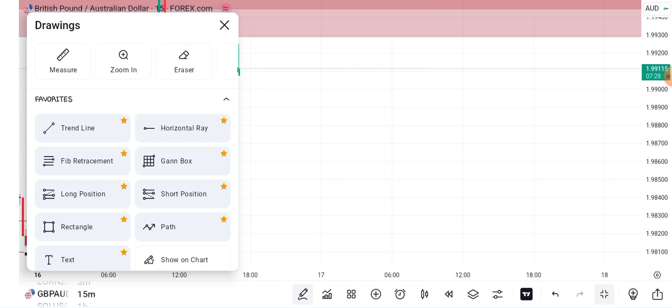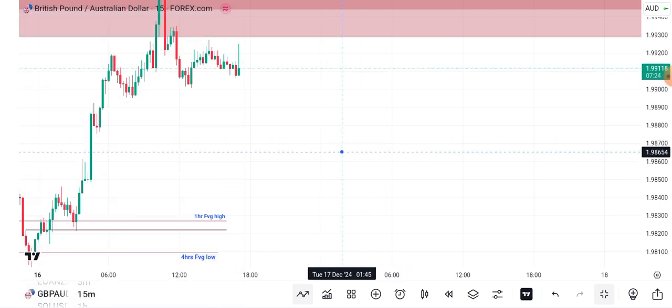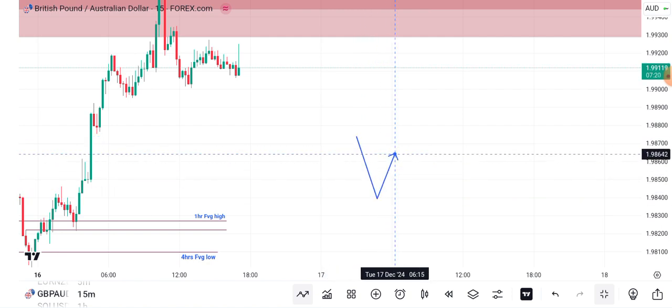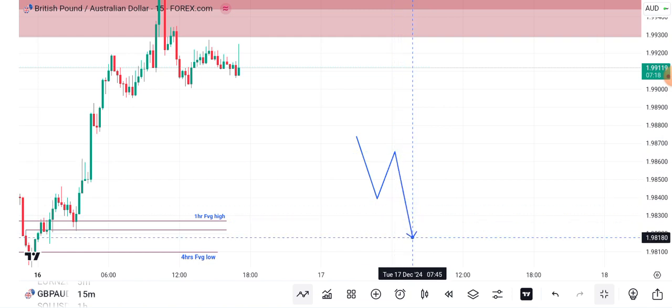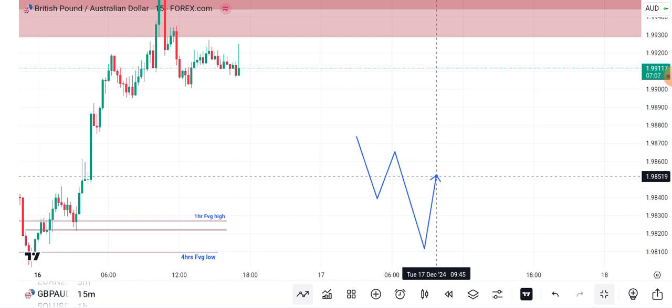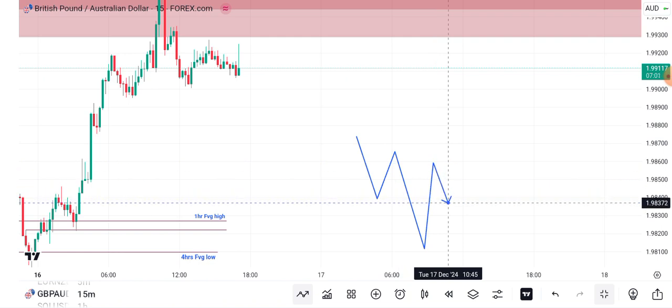You know, let's say we have something like a swing high here. Price came here like this, and then let's say there was a fair value gap here, and then you see price.